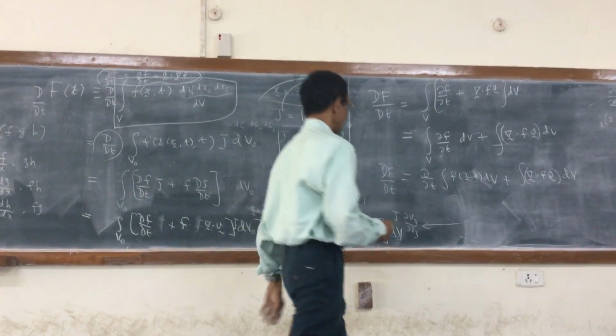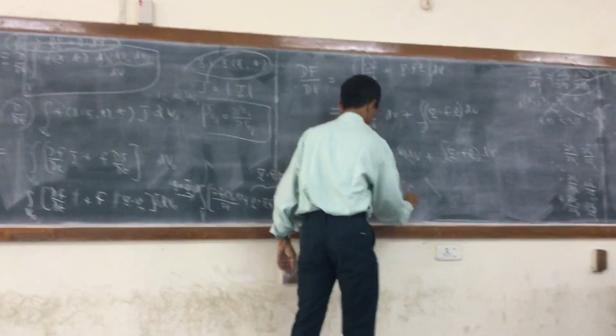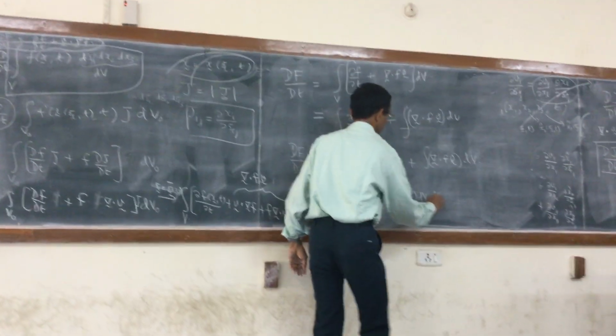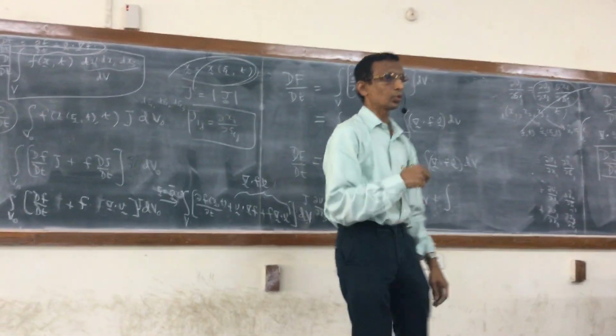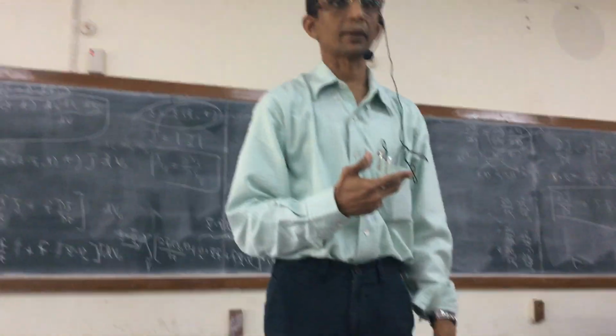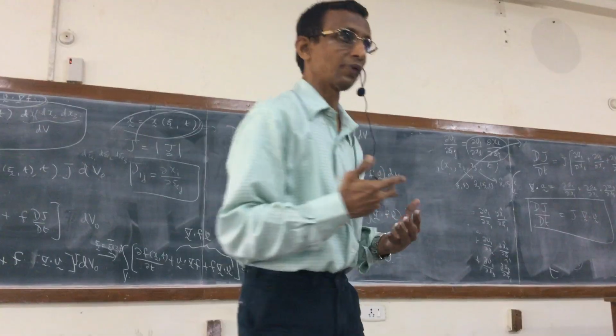So now, still another way of writing this is now converted to an area integral rather than a volume integral. So this is what will be provided by the divergence theorem.